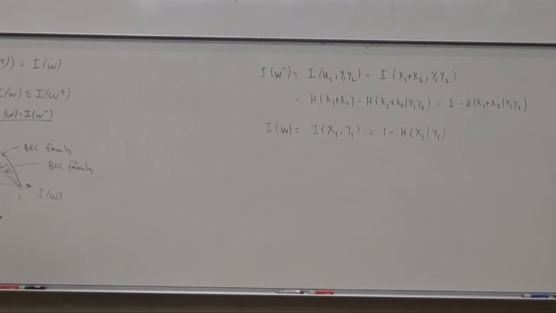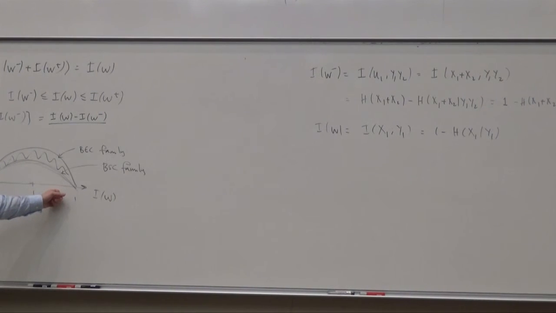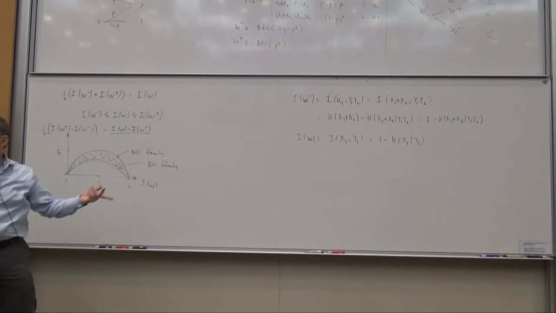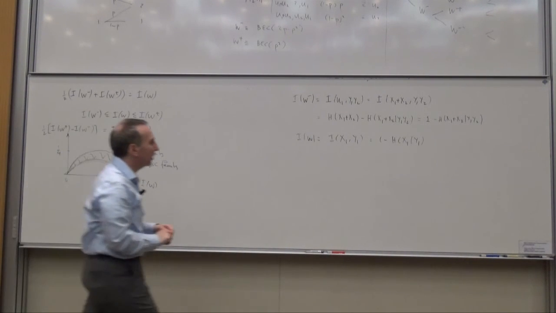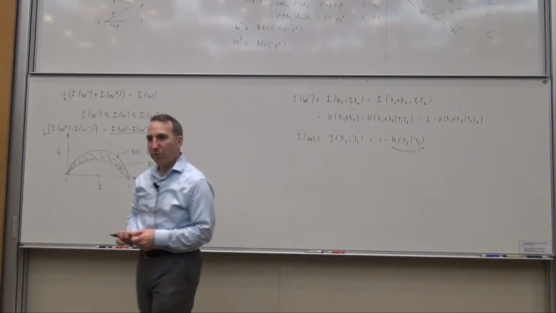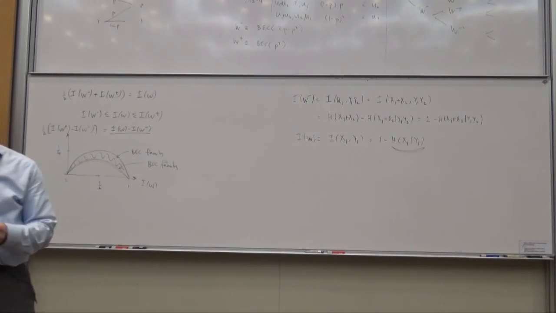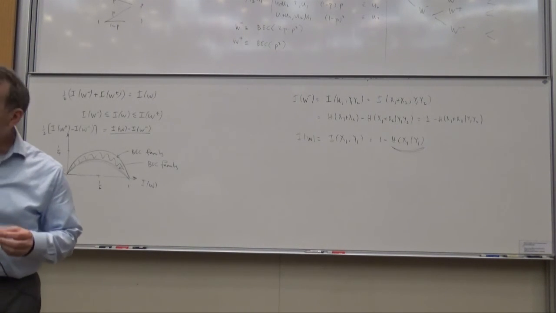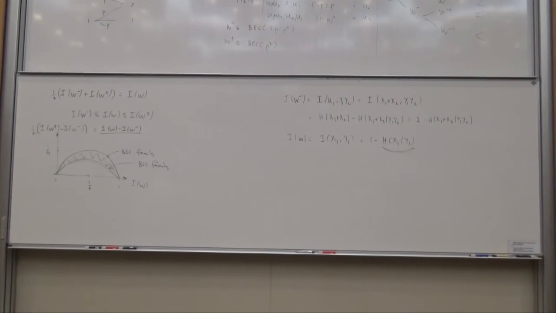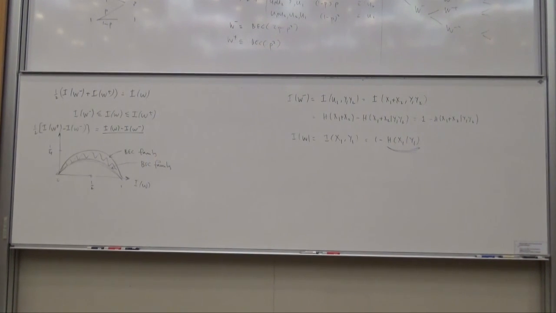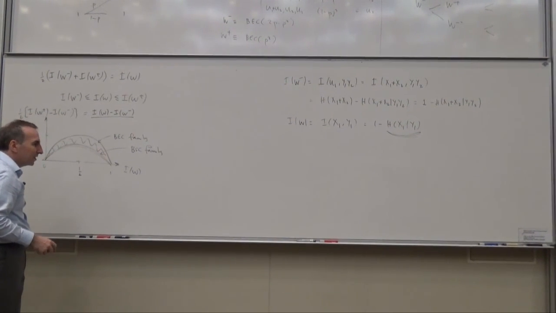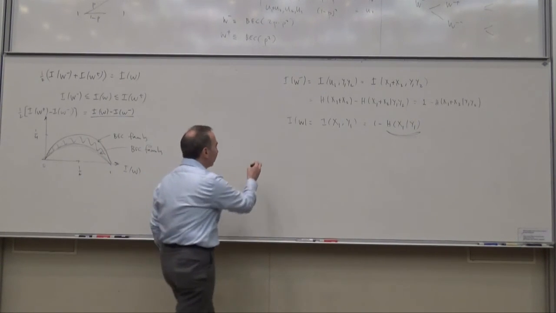So now, what we're trying to understand is the following thing. I give you a particular value of IW. You want to know what can be IW minus. So I specify the value of the entropy of X1 given Y1, and we want to know what is the entropy of X1 plus X2 given Y1, Y2. So there we have, what do you call this thing? This is Gerber's lemma. Gerber's lemma says the following thing.